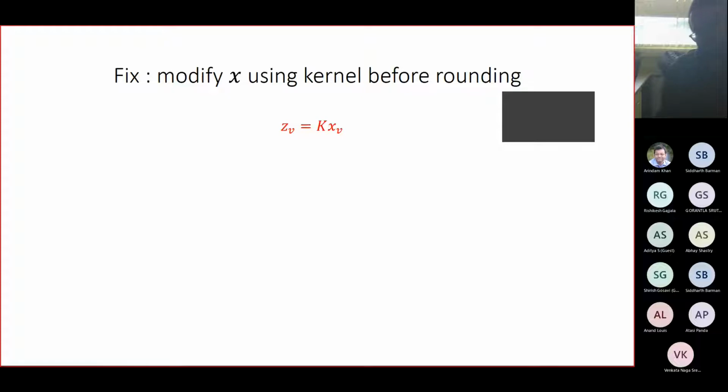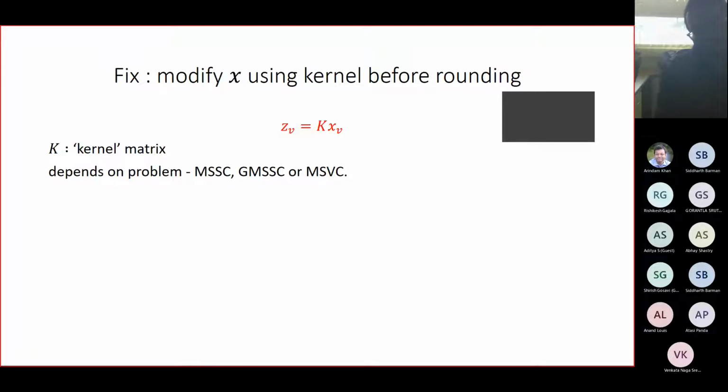We will just multiply X on the left by a matrix, labeled K, the kernel, and we get a new solution called Z. This matrix can depend on the problem, so we will use slightly different kernels, but they all look very similar for different problems. For min-sum set cover, when all the covering requirements are 1, and generalized min-sum set cover, when covering requirements are arbitrary, we will use some kernel like this.